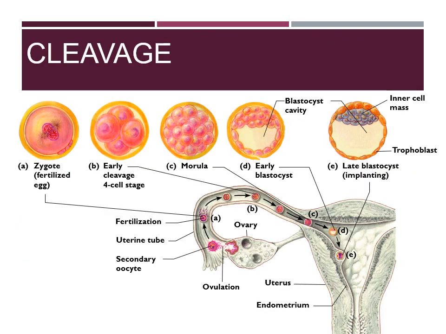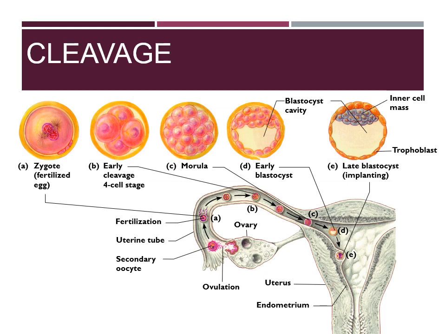As you can see in this schematic, in B, the early cleavage, the 4-cell stage. In C, you will see the morula, which is about 8-cell stage, and the early blastocyst that will be implanted in the uterus. You can see a blastocyst cavity, and the late blastocyst, which is the exact implantation time.